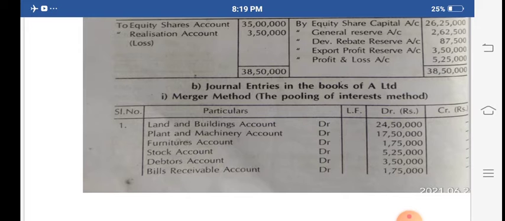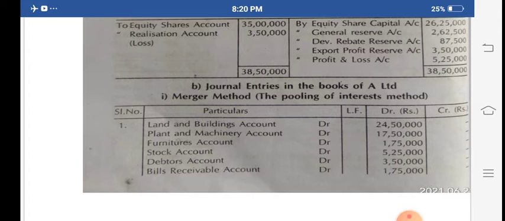So there is no need to pass this first entry according to this format. Now see the second entry, for incorporation of assets, liabilities and reserves. Each asset account debit, preliminary expenses, profit and loss account, discount on issue of capital debit, each liability account credit, reserve, profit and loss account credit, business purchase account credit. Like this we have to pass the journal entries.